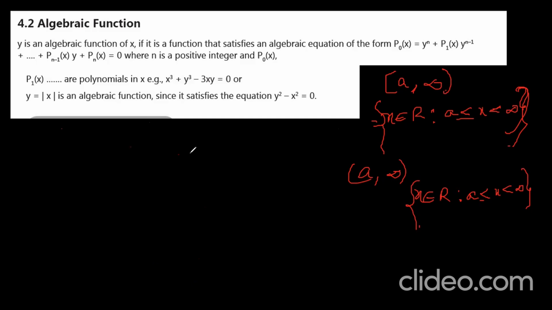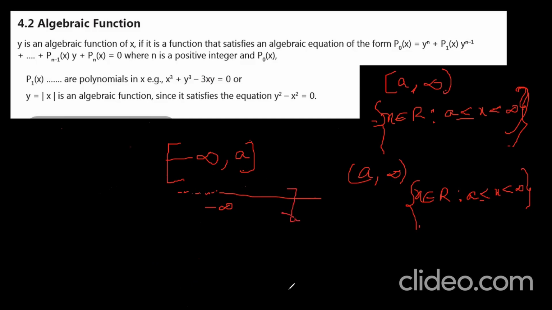Similarly, you take minus infinity comma A. Minus infinity, it's an open end. Then how do you represent this? Say I am taking it like this. Minus infinity means like this you are getting, and A is closed.